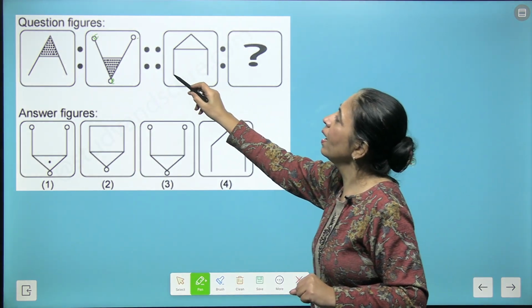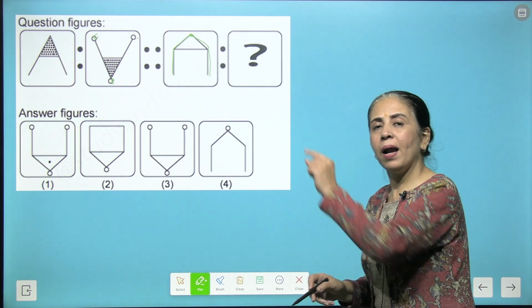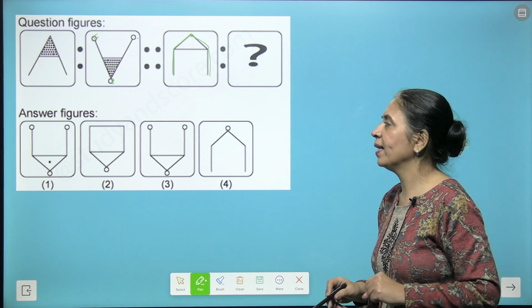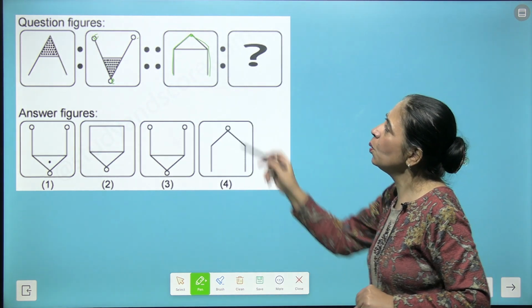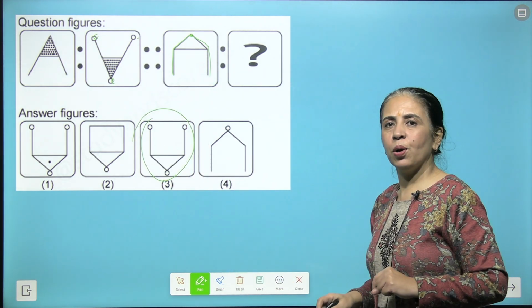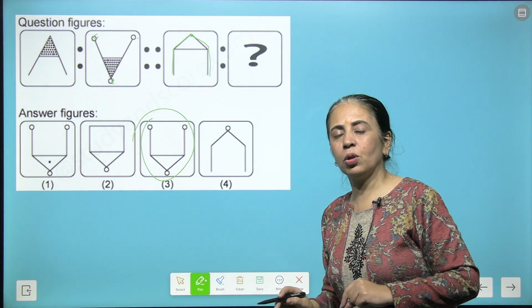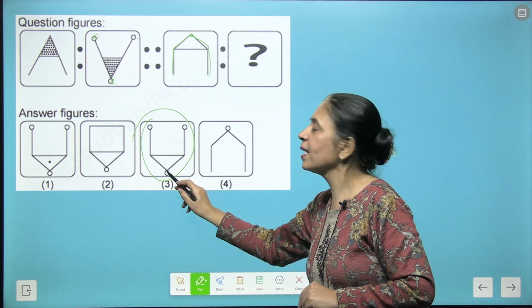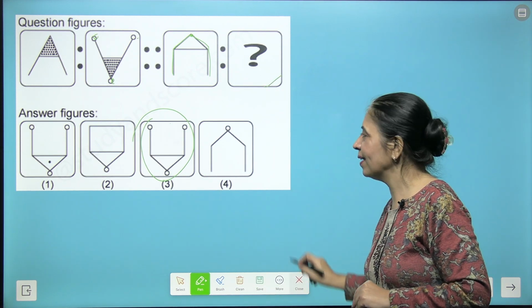In the third figure again we could see the pointed part going up, and it is formed by 5 line segments. So we see which figure will be the next to it, and we are going to spot the right figure with 3 circles on the 3 corners, upside coming down, and this becomes your correct answer.